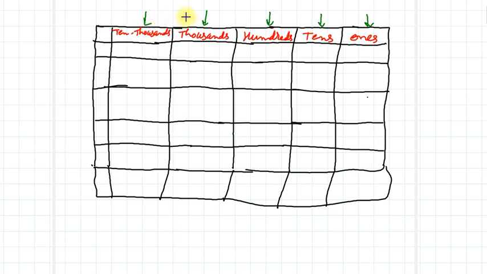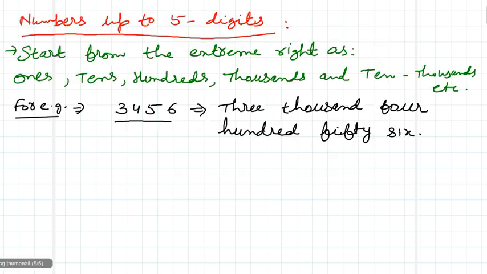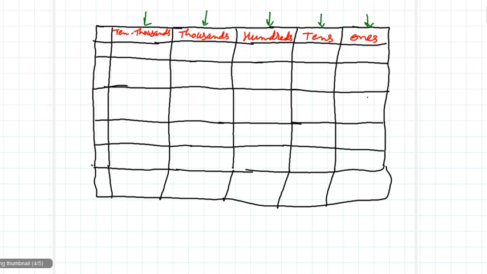As I told you, start from the extreme right. From extreme right we see ones, tens, then move on to the left: ones, tens, hundreds, thousands, 10,000s. You have to keep this in mind.